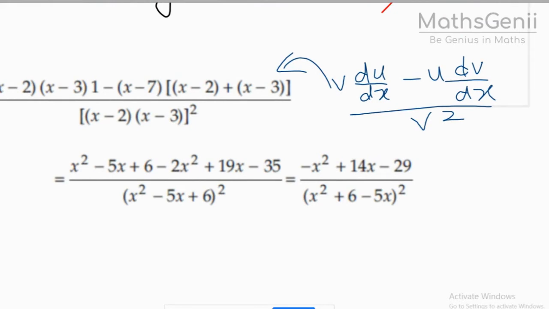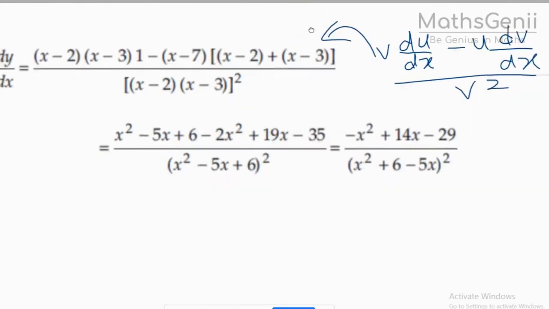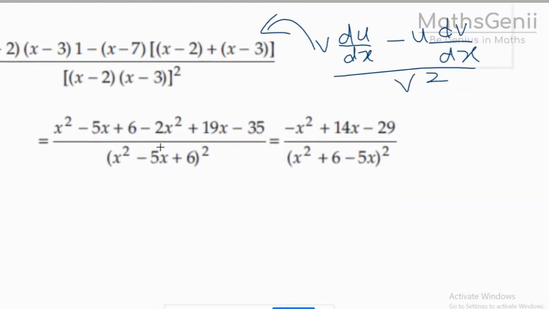Now what am I going to do as my next step? I know the values of x and y, 7 comma 0. So this is your answer of dy by dx. I'm going to substitute 7 comma 0 here.